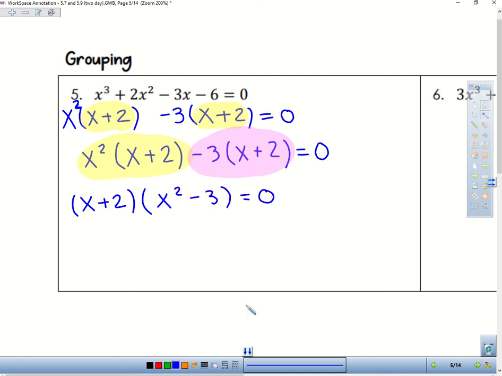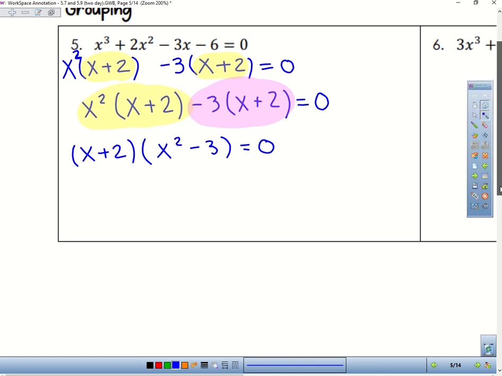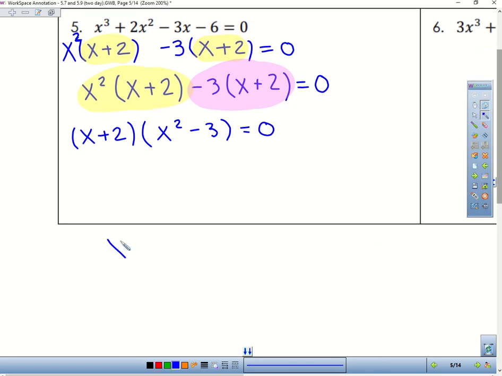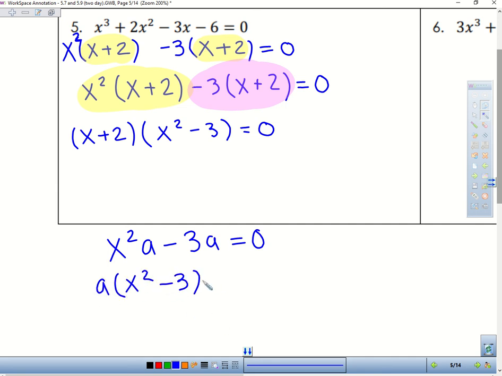Wait, how did you factor that out? So pick a letter, any letter that you want. A. Okay, so I'm going to take x plus 2 and replace it with a. What can I factor out of this sentence here? A. So if I take out an a, I'm left with this. What is a actually equal to?